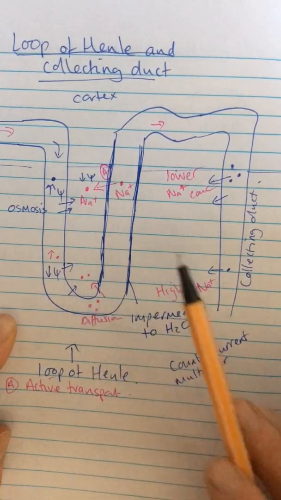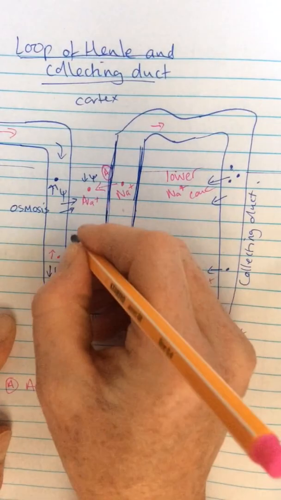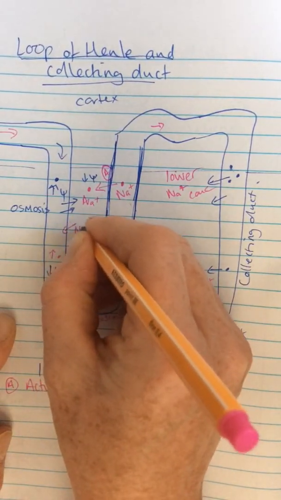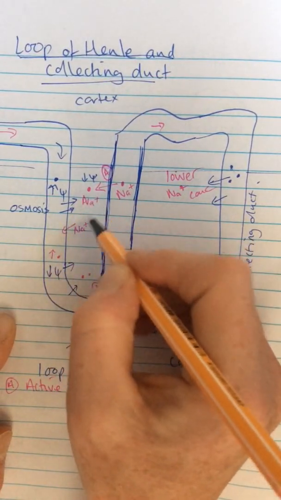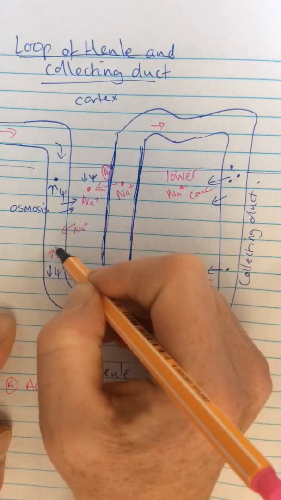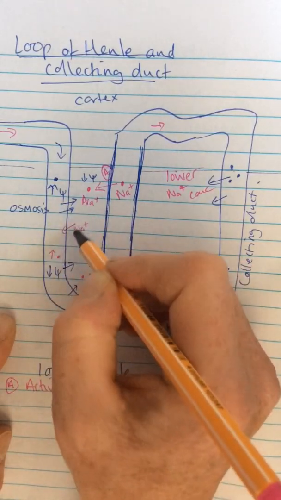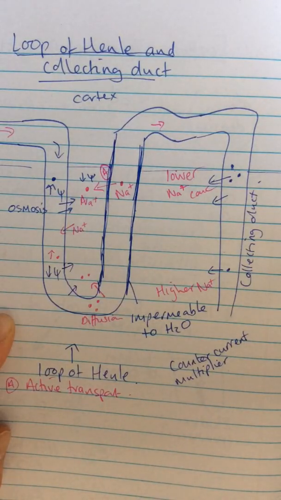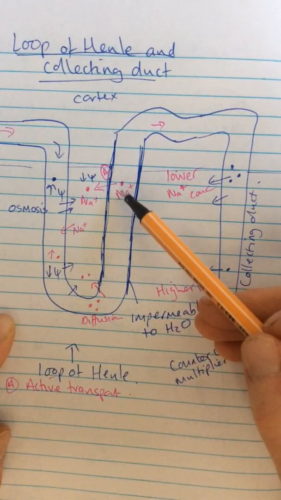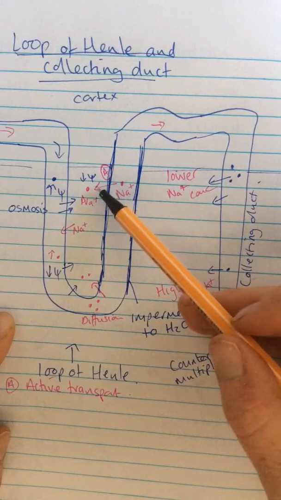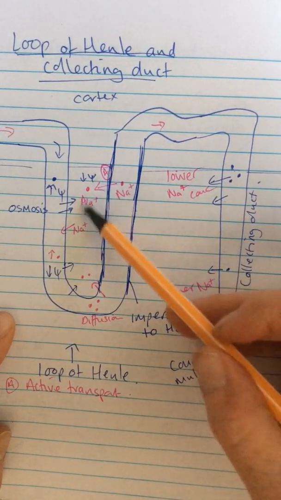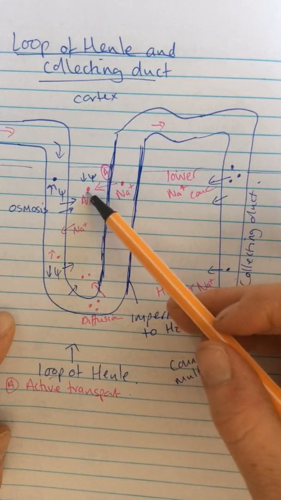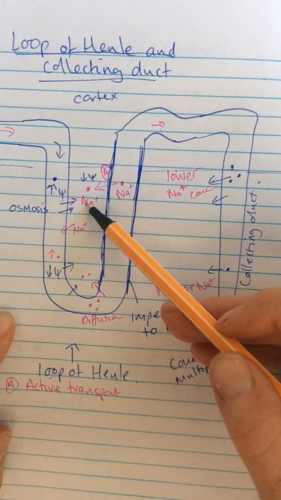Okay, you do also find that some sodium ions will move in when you end up with a higher concentration in the medulla than you do inside the loop of Henle. Some will move in. So the salt kind of goes around in a big old circle, the sodium ions do. But ultimately, active transport of sodium ions out of the ascending limb makes it a lower water potential here than inside, so water leaves.